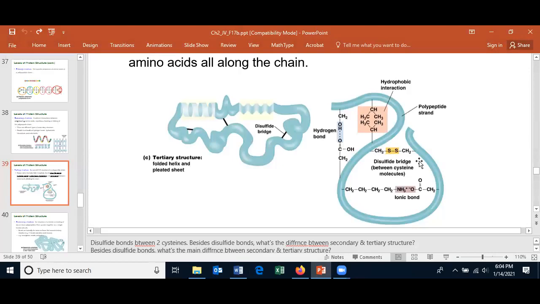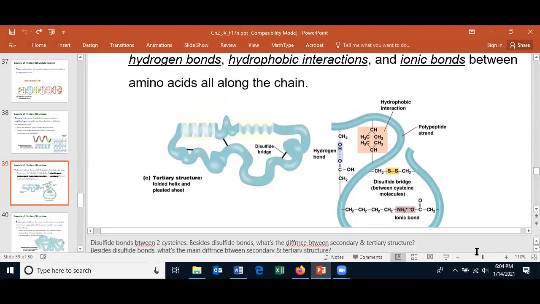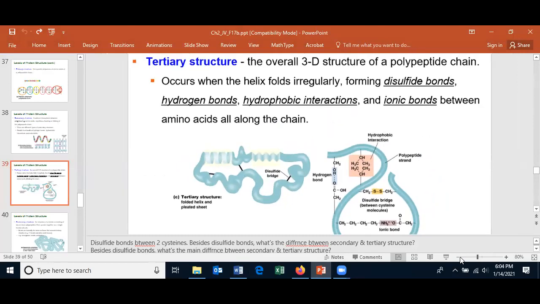It's called the disulfide bridge because there's two sulfurs, di-2, sulfide, sulfur, okay? And it only happens between two cysteine amino acids. Any question there? Let me shrink this down.